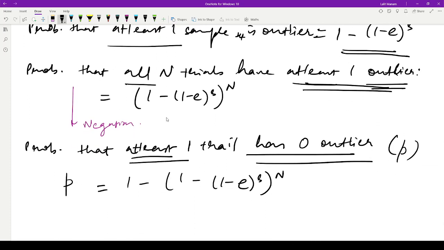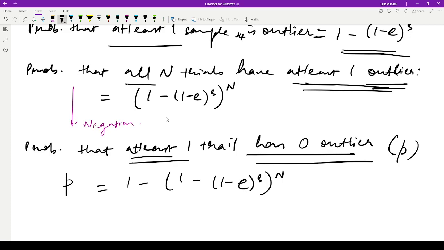So what does it even mean? If we have at least one trial in which all of them are inliers, then for that trial we'll identify the inliers correctly, and we'll have maximum consensus. That means the maximum number of points are agreeing with the model chosen by that one trial, that hypothesis, which means that we got our inlier set.